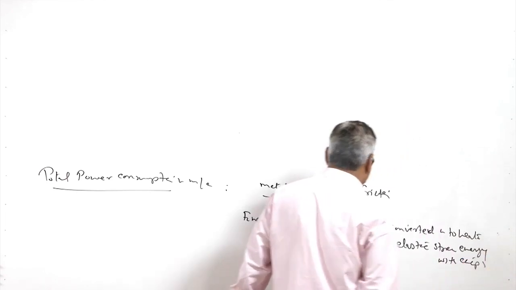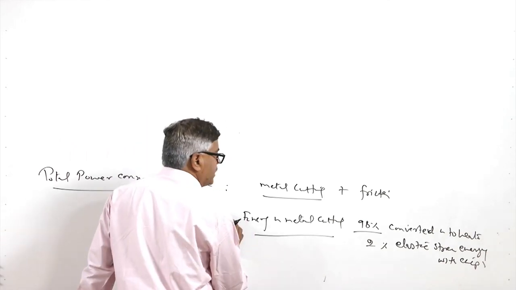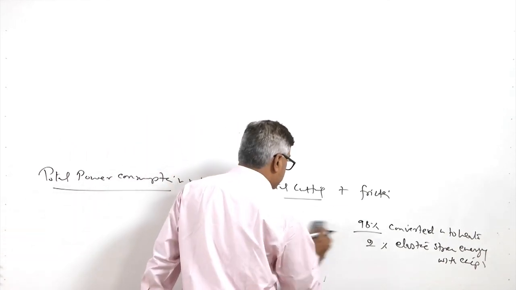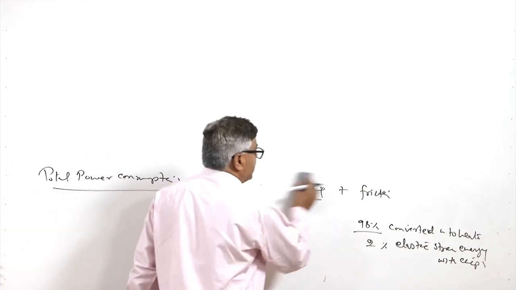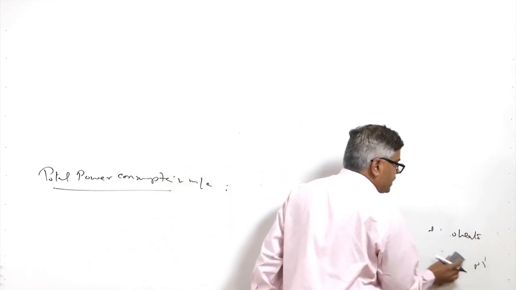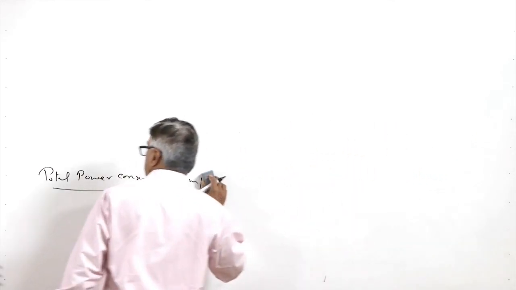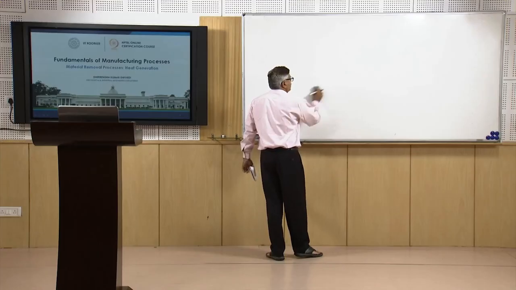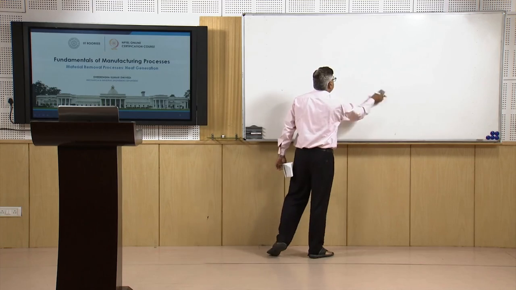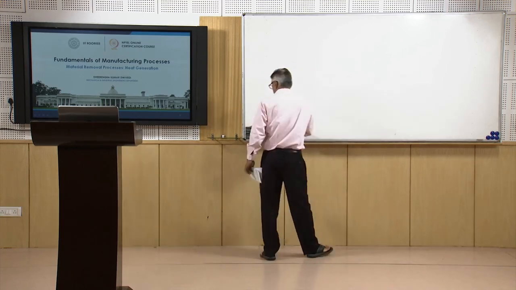Most of this energy consumed in metal cutting during machining is converted into heat, and that heat appears as a temperature rise of the tool as well as a temperature rise of the workpiece.